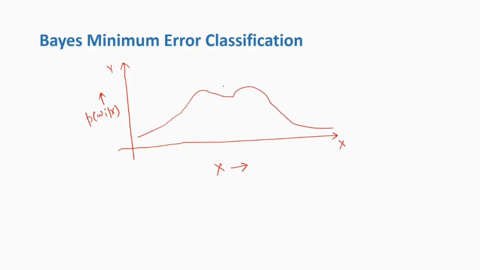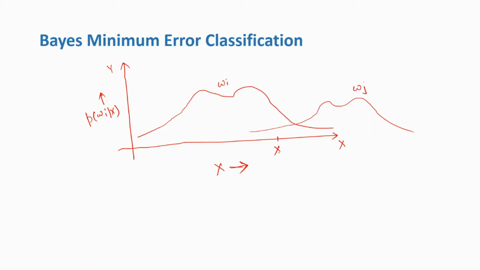Okay, this is for, say, omega I, and there will be some other class also. This is, say, omega j. Now tell me, guys, given any value of x, say here I have x, any feature vector x, because in the x-axis we have the feature vector, right?